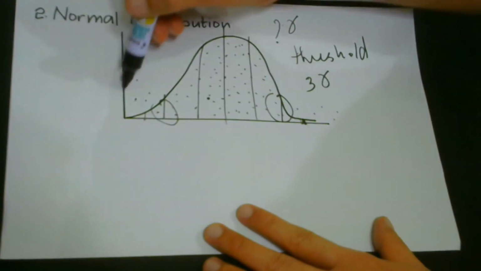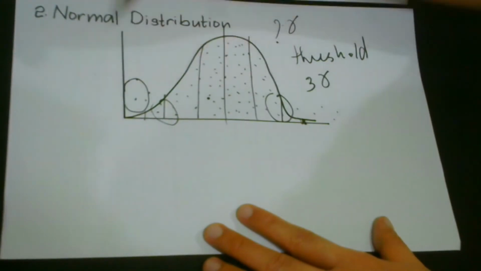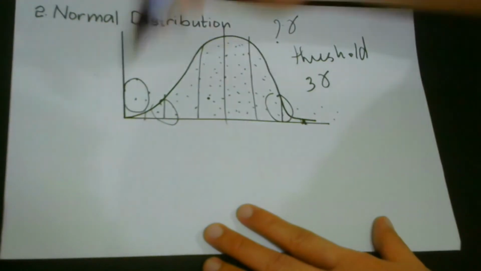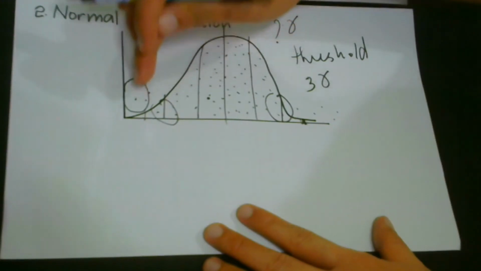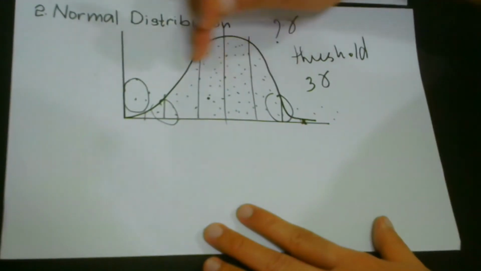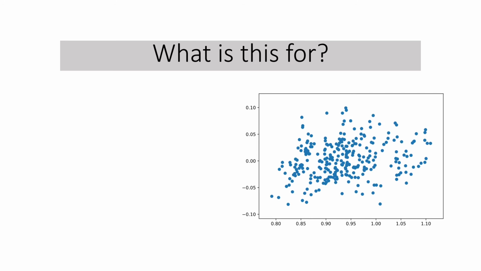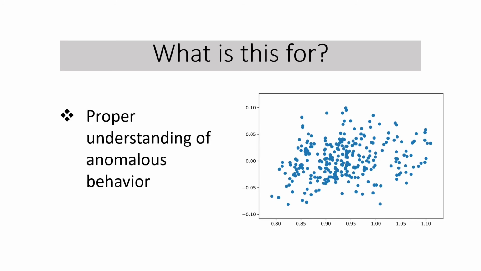So these points, which are 3 standard deviations or more away from the mean, are considered to be anomalous. What is this for? Why do we have to study this? When we have quantitative data, we usually analyze the statistics using distribution. With this distribution, we are able to understand the indications of anomalous behavior. We will be discussing more about these distributions in our future lessons.